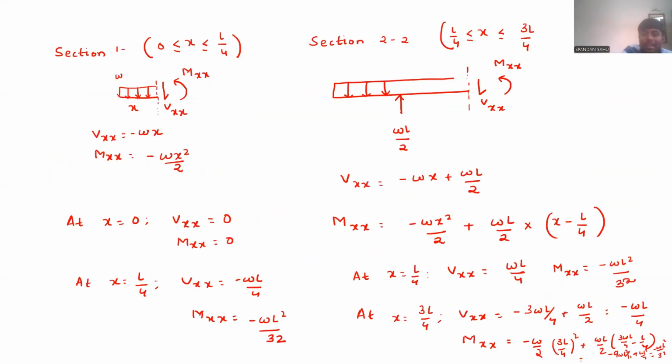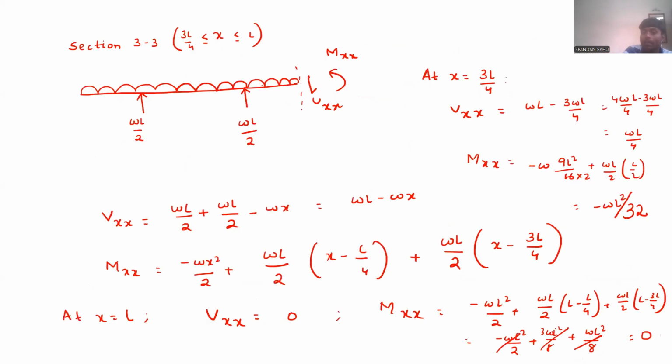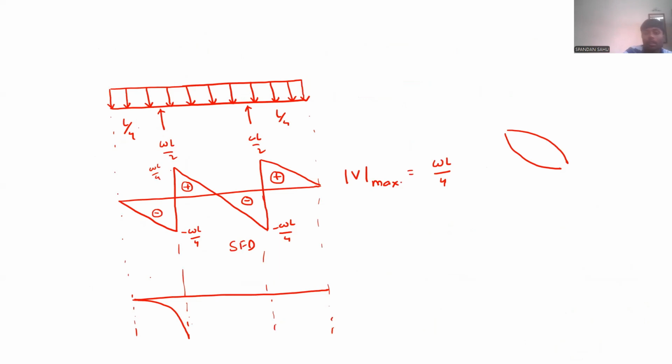Now, for the second section, our equation is again the highest order of x is 2. That means a parabolic curve will come, followed by the third section, which will also contain a parabolic term.